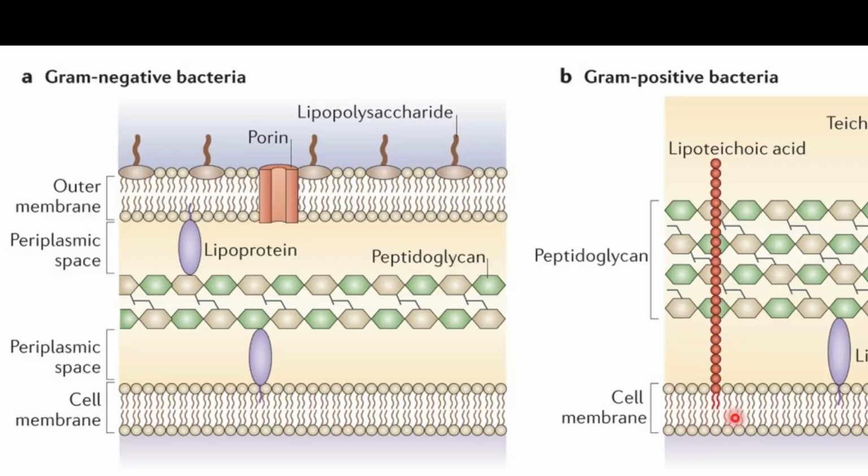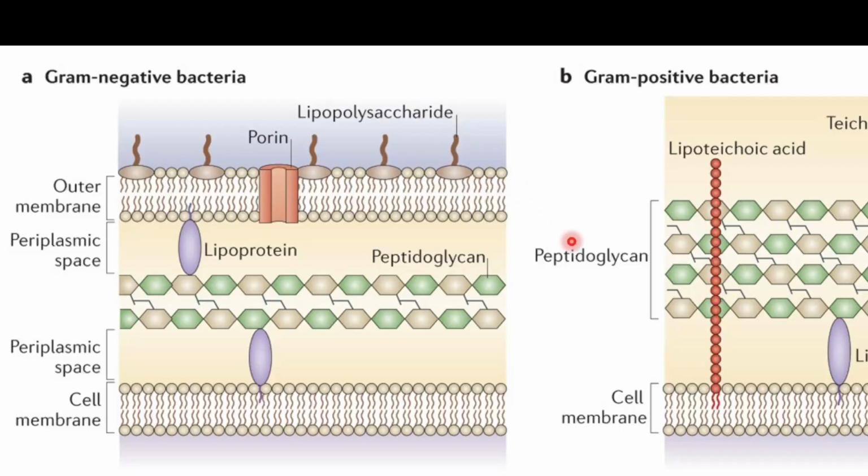This is the lipid bilayer cell membrane. There are some lipoproteins, and lipoteichoic acid is a molecule anchored in the plasma membrane, protruding outside towards the external surface of the bacterium. And then the bacterium also has a peptidoglycan layer and some teichoic acid molecules. So lipoteichoic acid is a prime antigen in the gram positive bacteria.